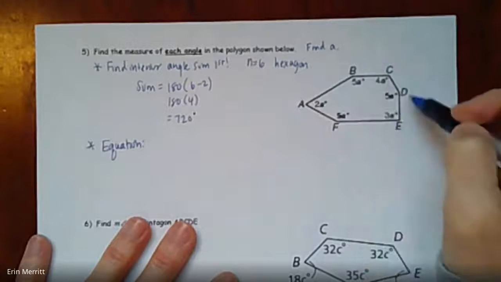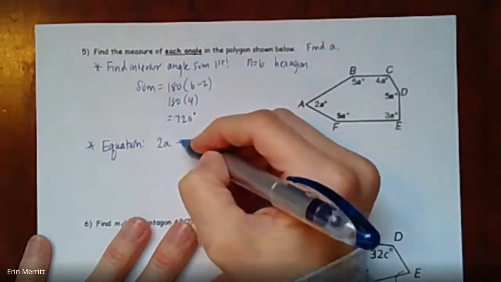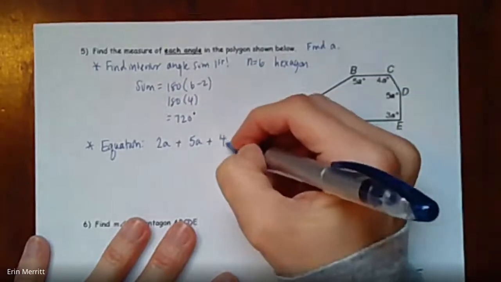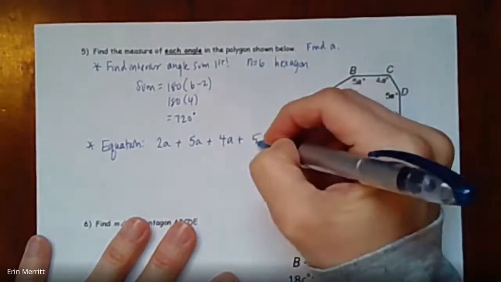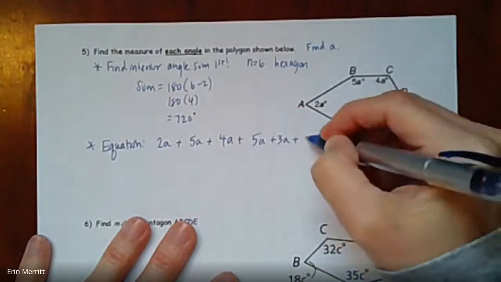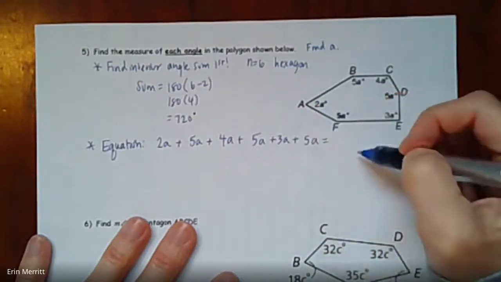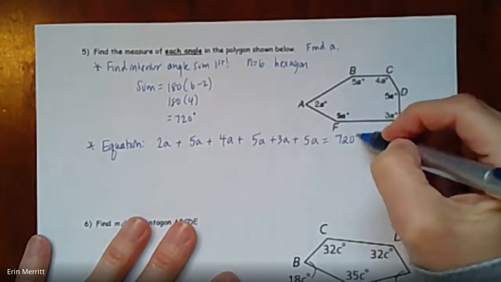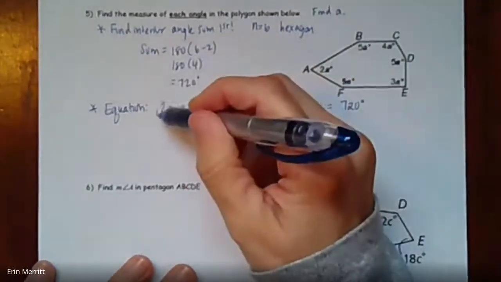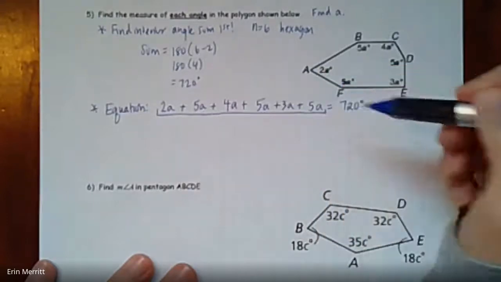I'm going to go in alphabetical order so I don't lose track of anything. I have 2A plus 5A plus 4A plus another 5A plus 3A, and then finally one last 5A. All of that should add up to 720 degrees. Combining all of these, they're all like terms.